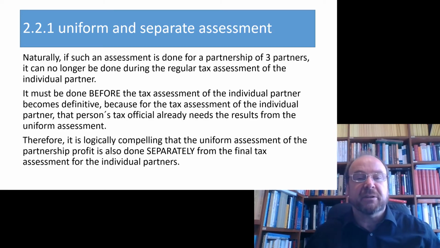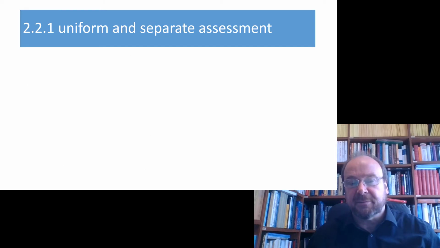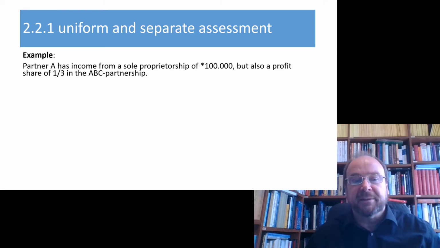Then the original estimated or provisional assessment for the taxpayer will be corrected. But logically, you need the result from the separate assessment before you can finally set up the income tax for the partner. So now, how would it work?